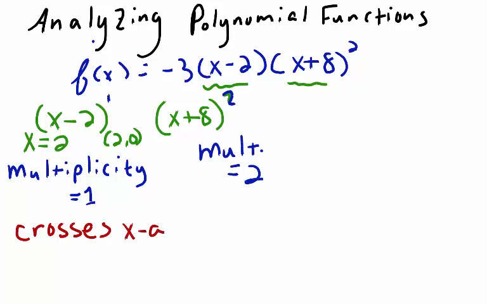It crosses the x-axis due to being an odd power, or odd multiplicity.